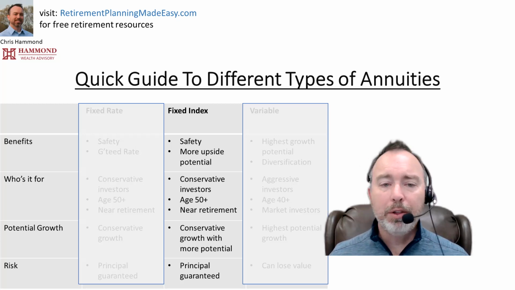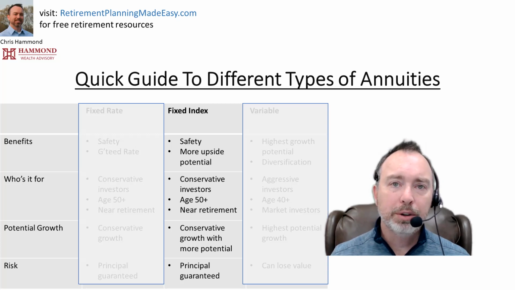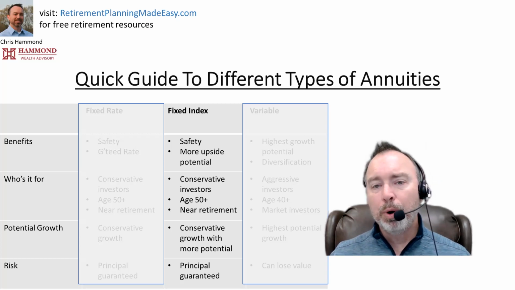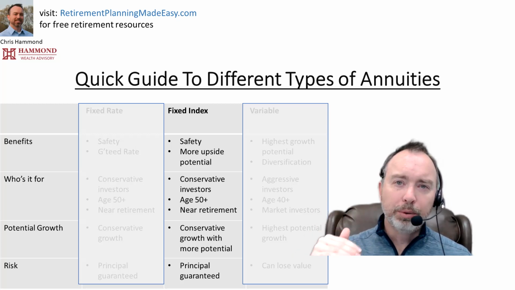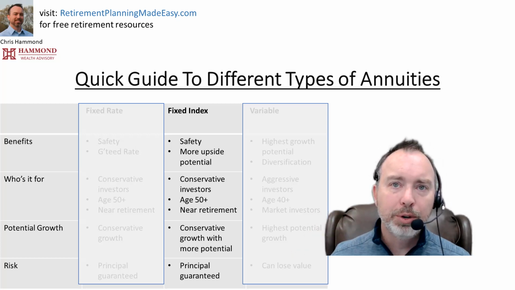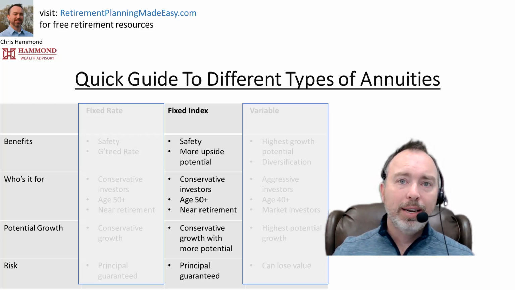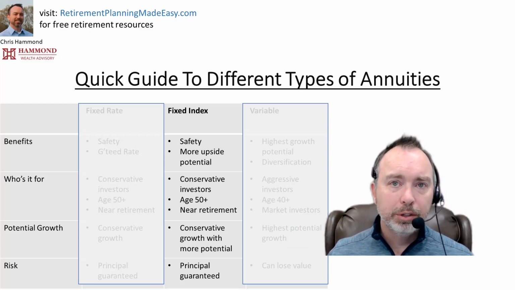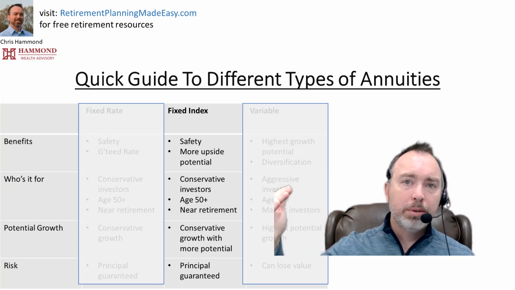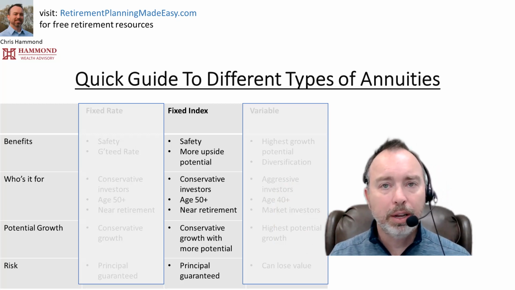That's one benefit. Another benefit is that you have a little bit more upside potential than just your regular fixed annuity, because the word index in the title means that the annuity will credit interest income to your account based on what an underlying index does. Like an index, you could think of like the S&P 500. So if the index goes up, then they're going to calculate and credit you interest onto your fixed index annuity.